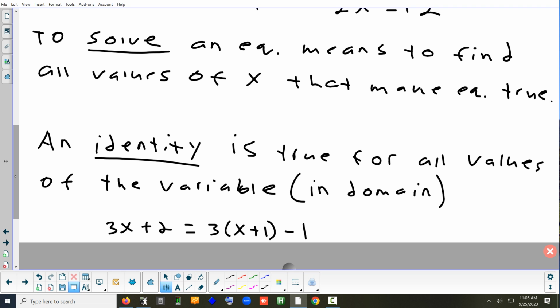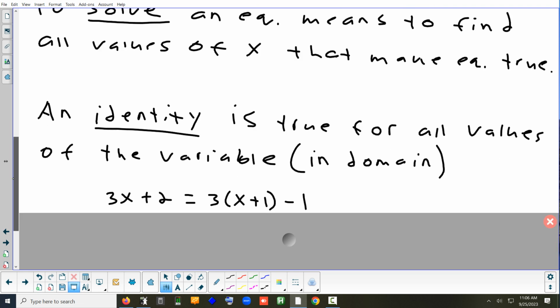So you get 3x plus 2 on the right, and you have 3x plus 2 on the left. If you subtract 3x from both sides, you end up with 2 equals 2, which is an identity. So that means no matter what value you pick for x, this equation is always going to be true, because it's the same thing on both sides. You can't find a value for x that would make that false. It's impossible. So that's an identity.